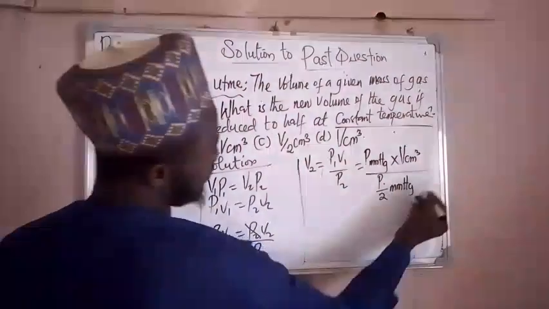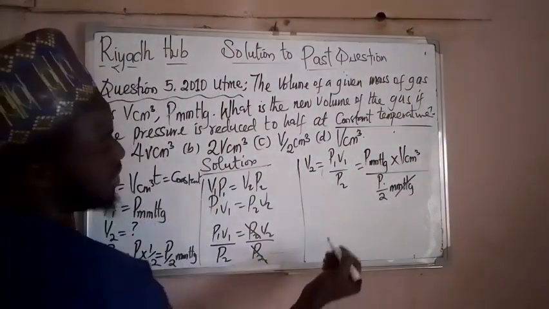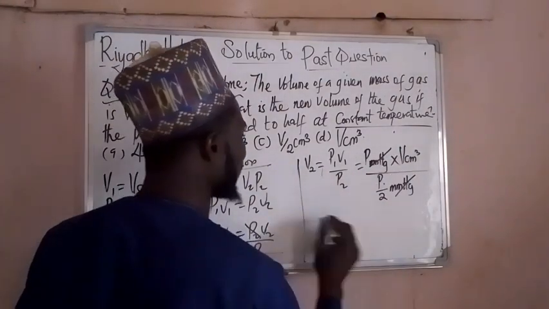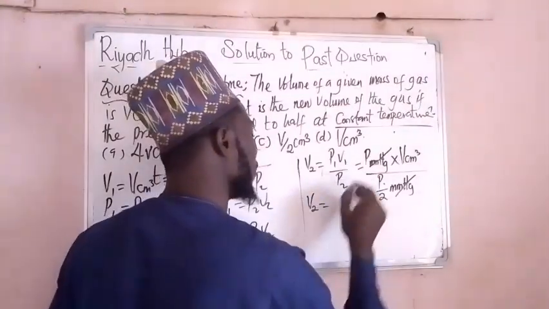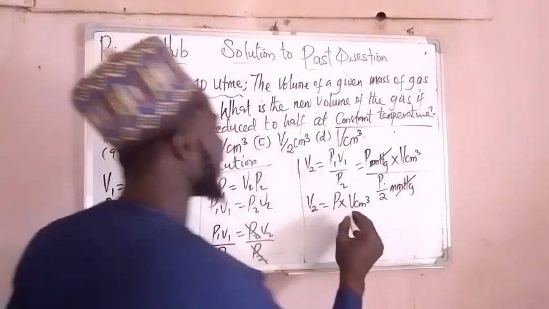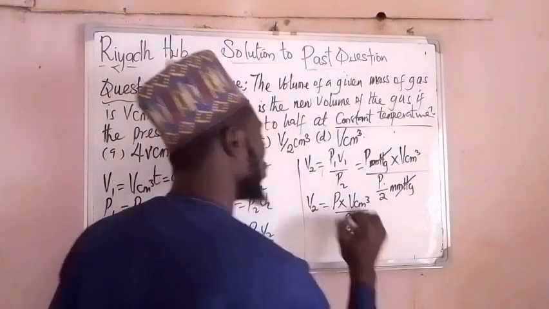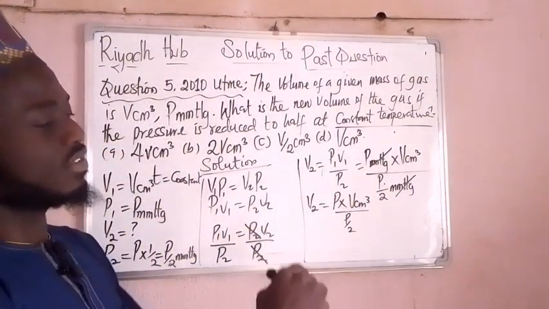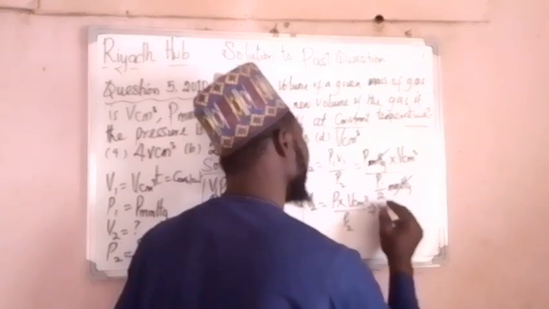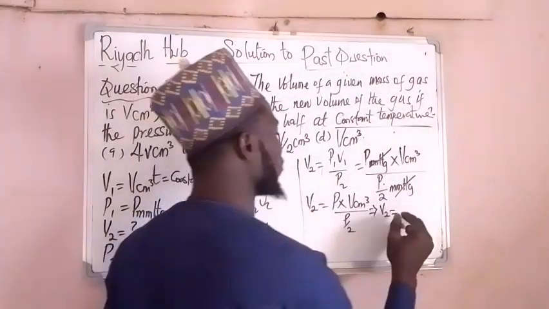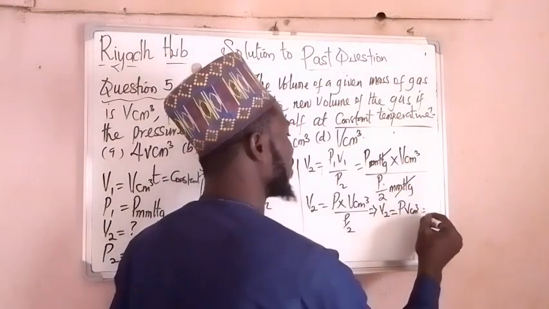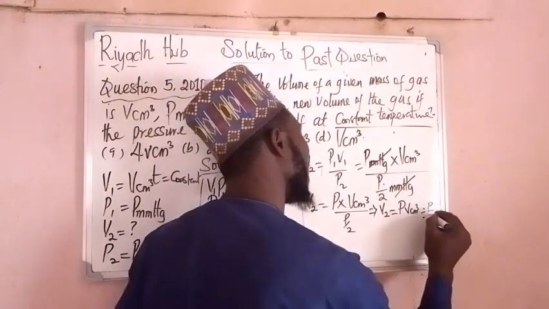From here, the unit millimeter mercury cancels out. So you are left with V2 equals P times V centimeter cube divided by P over 2. You cannot have two division symbols, so you can make it this way: V2 equals P V centimeter cube divided by P over 2.